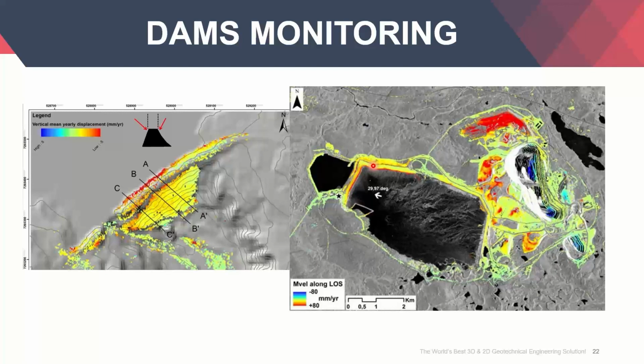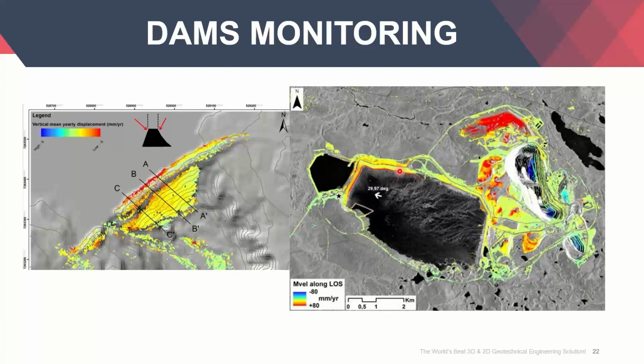So this is a good way of checking every year what kind of deformations the dam is undergoing. So this is also a non-destructive method. You don't need to install anything anywhere, and you don't have to be very careful about your data getting lost or your equipment malfunctioning, because we have enough satellites to cover these studies.